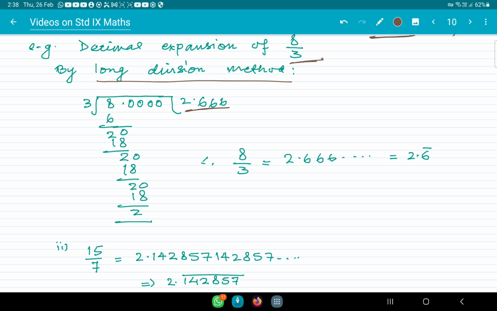Since 6 is repeating again and again, put a bar over 6. So your answer will become 2.6 bar. It shows that 6 is repeating.